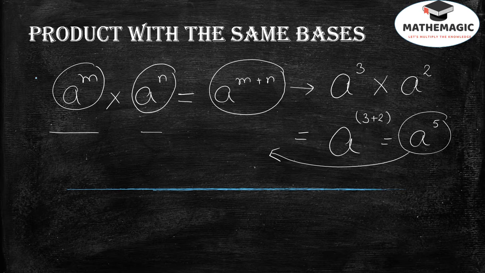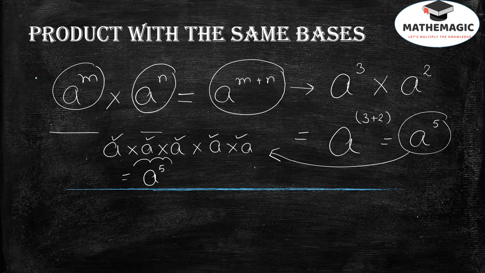Let's rewrite a raised to the power 3 as a multiplied by a multiplied by a, and a raised to the power 2 as a multiplied by a. Now, how many a's do we have? 1, 2, 3, 4 and 5. Yes, this is equal to a raised to the power 5. Thus, our law is valid.